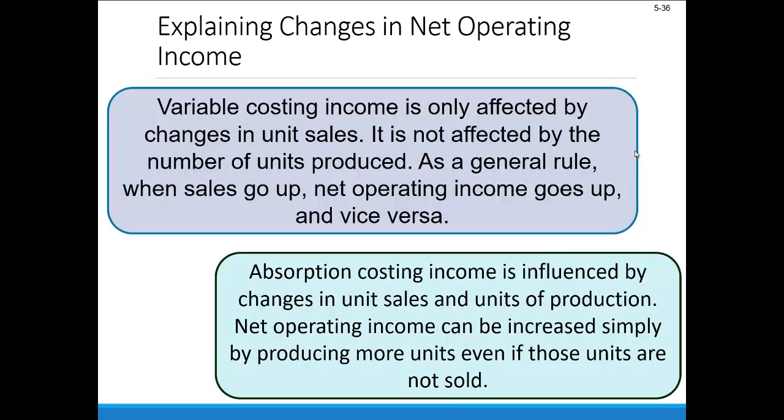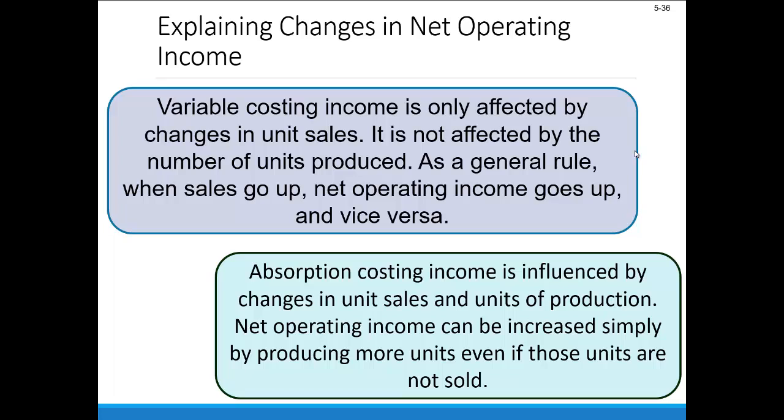Now, as we highlighted earlier, under variable costing, income is only affected by changes in sales, not by production. So as a general rule, when sales go up, net income goes up. When sales go down, net income goes down. Under absorption costing, though, income is influenced by changes in sales and changes in production.